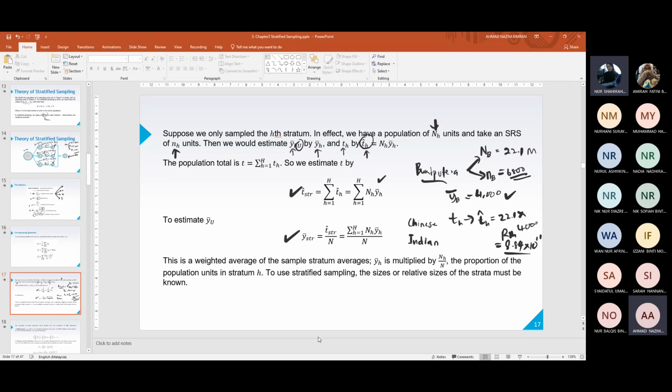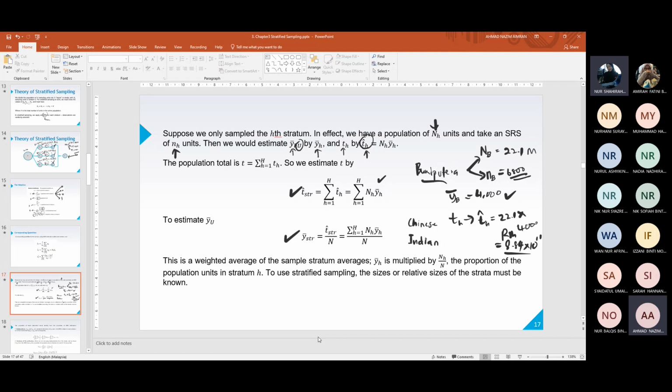For example, the estimated population total we have for Bumiputra is 8.84, maybe for Chinese 6 point something, and Indian maybe 3 point something.